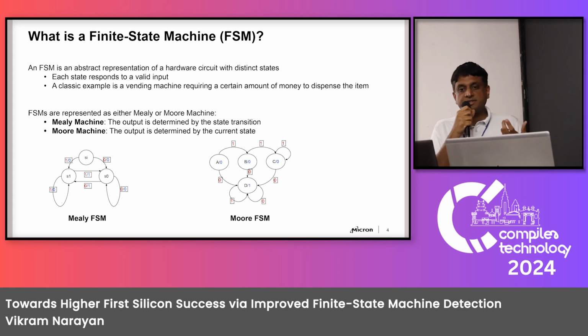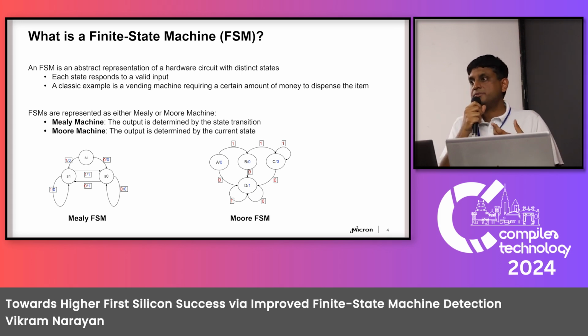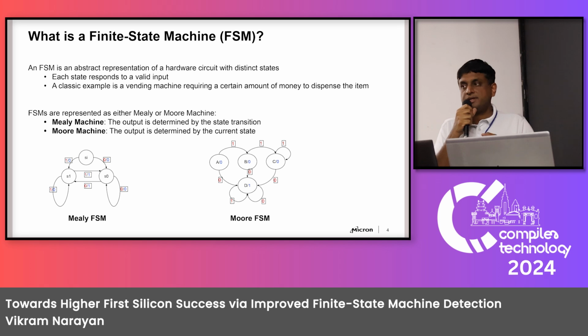Mealy FSMs have a complex logic implementation and are harder to verify, but the response and efficiency are very great. The Moore FSM, on the other hand, has a slightly larger number of states and larger logic, but it's a simpler design and simpler to verify. Both of these exist depending on the use cases that we target.